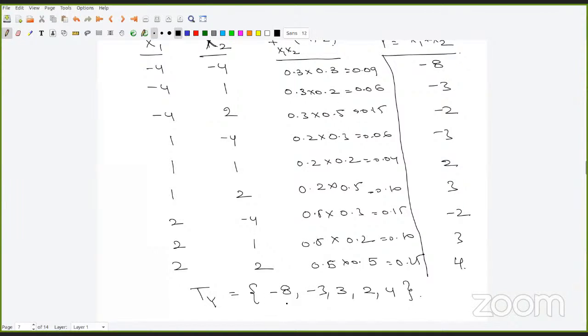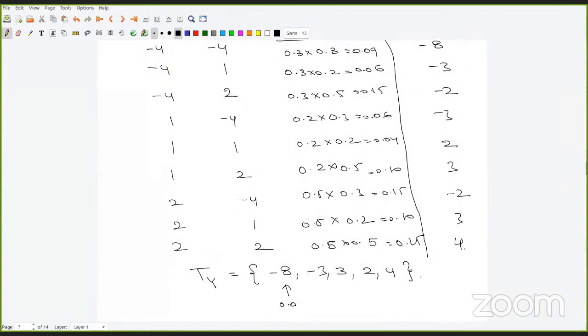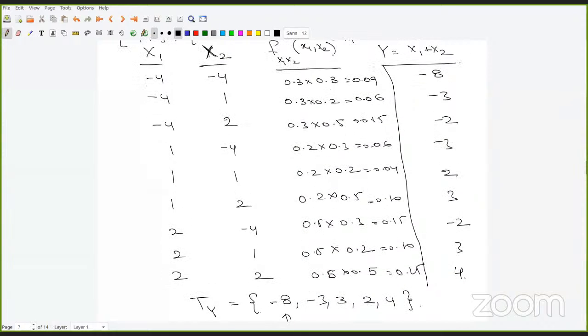So that will be 0.09. What is the probability that y takes -3? It has two different possibilities: either x1 is -4 and x2 is 1, or x1 is 1 and x2 is -4. There are two possible cases, and each has its own chance. The probability that x1 takes -4 and x2 takes 1 is 0.06. Sir, I think you have missed -2 from the range.